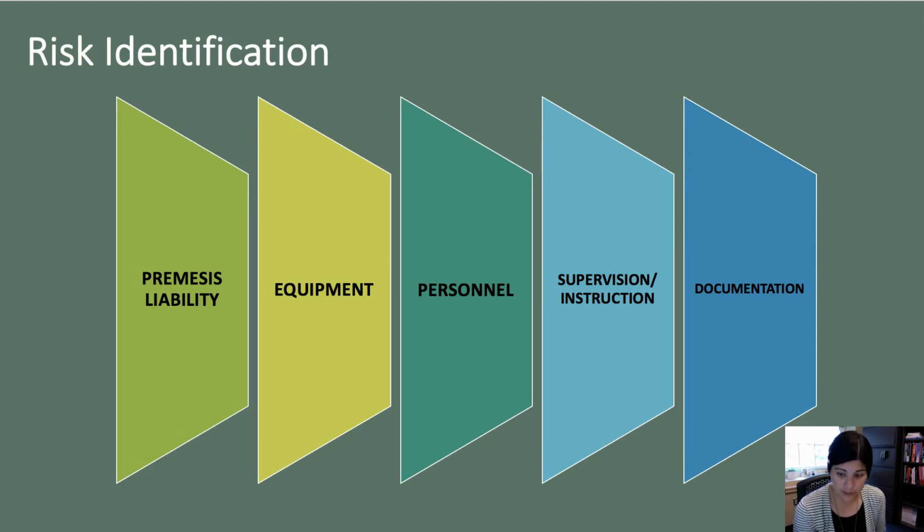Maybe then you have some conversations with the staff about their training and their certifications. Then you maybe watch and review the supervision that's occurring within the various programs. And then finally, you ask for documentation, and then you can take that home later and assess it. So really, you can start big and go small here when it comes to this risk identification process. Certainly, you could do it other ways as well. I just find that this is a helpful tool in making sure you don't miss anything along the way.